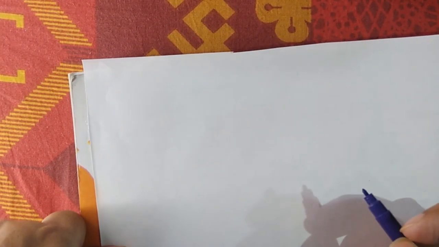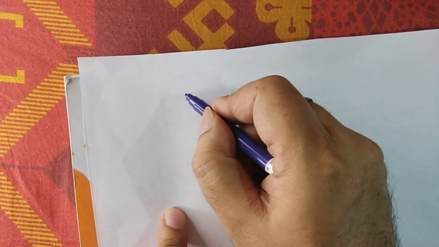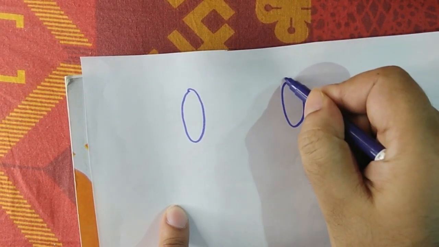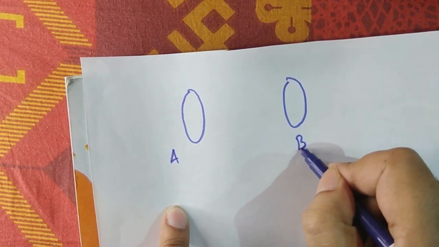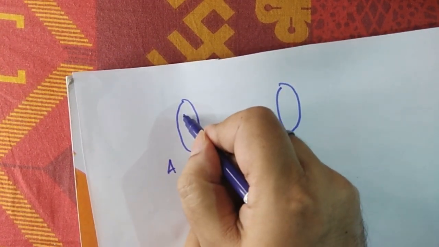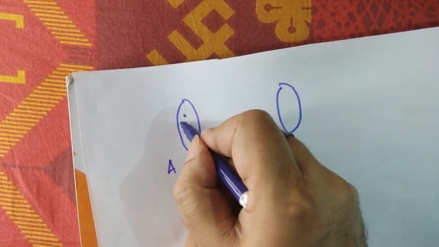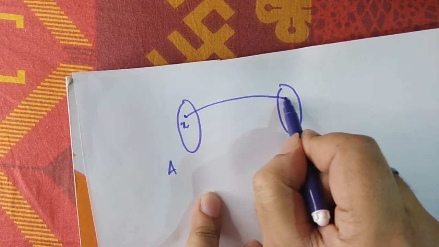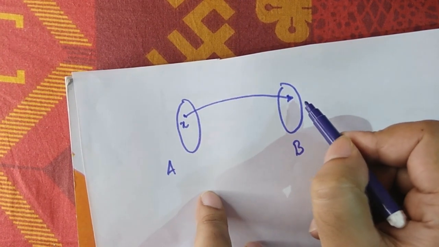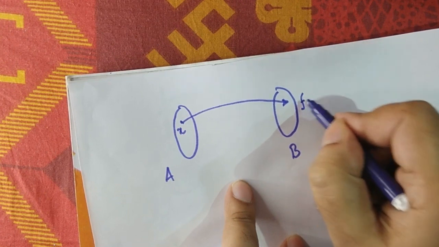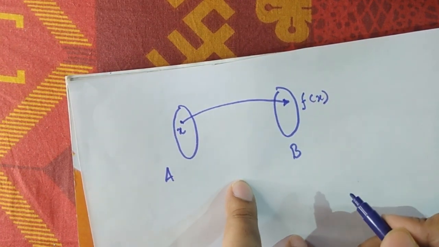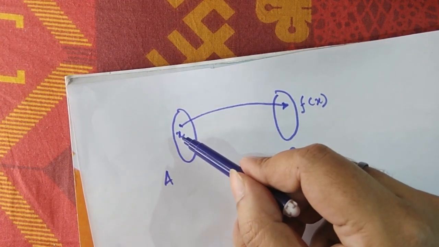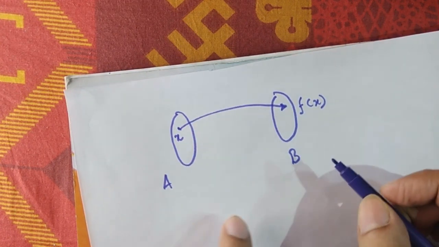So what we have said is the following. We have two sets A and B. To every element, say x in A, the function associates a unique element in the set B, which is denoted by the symbol f of x. f of x is said to be the image of x under f.